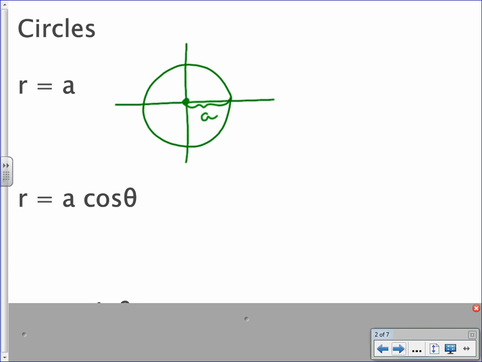So it was symmetrical about the horizontal axis, like we talked about in the last slide, and it went to the right. If A was negative, where did it go? It went to the left. Now A is what distance in this circle? This time A is the diameter.